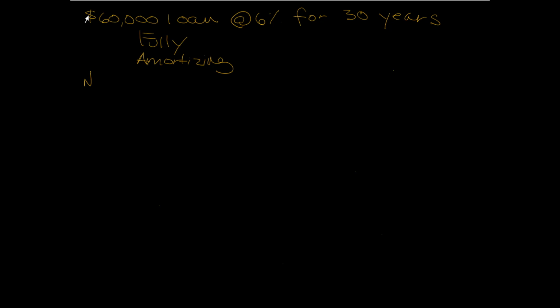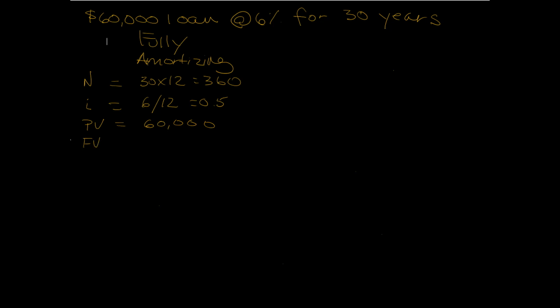Now let's change this a little bit and make it a partially amortizing loan. So let's assume that our fixed rate mortgage loan is made in an amount of $60,000 still at 6% for 30 years, but with a $40,000 balloon payment at maturity. So then in this case, N is still going to be 360, 30 times 12. I is still going to be 6 divided by 12, or 0.5.